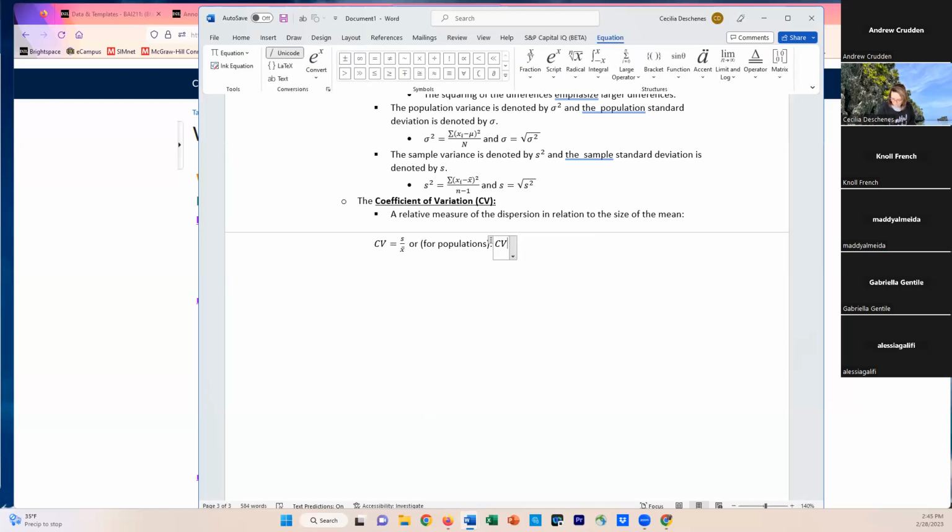Same formula, if it's population, we just change the sample standard deviation to the population standard deviation, or sigma, divided by the population mean, or mu.